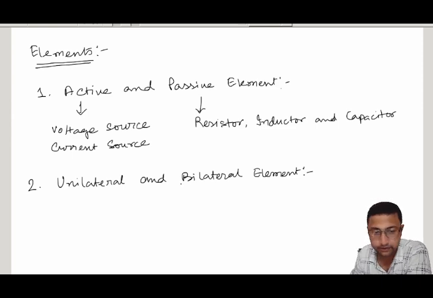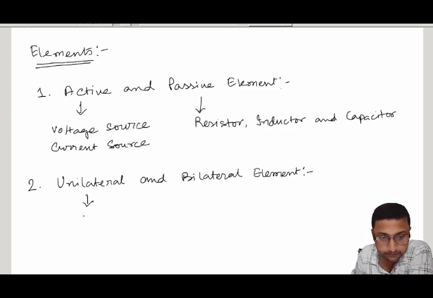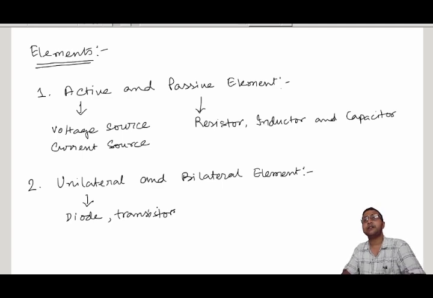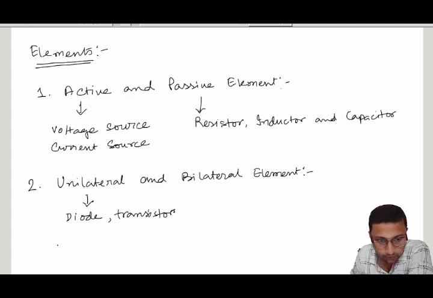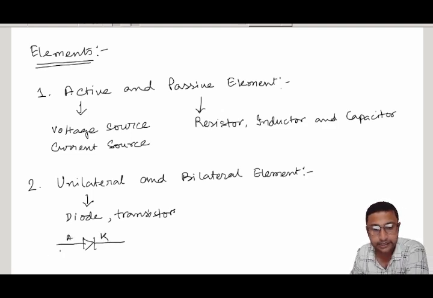The examples of unilateral elements are diode, transistor, etc. Why is a diode a unilateral element? Suppose, as we all know, this is the representation of a diode; this portion is the anode, this portion is the cathode. If the polarity of the input voltage is like this, that means the anode is more positive than the cathode, then the diode acts as a forward bias diode.